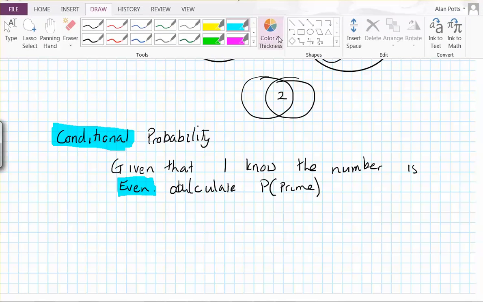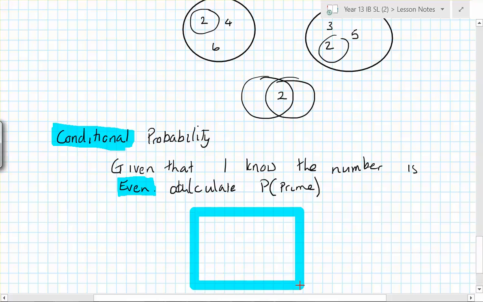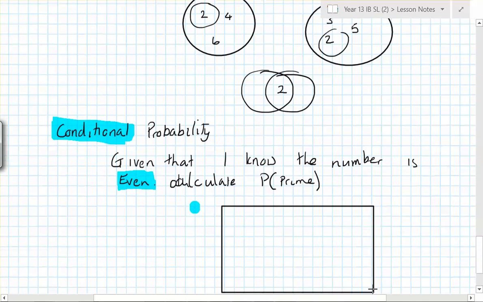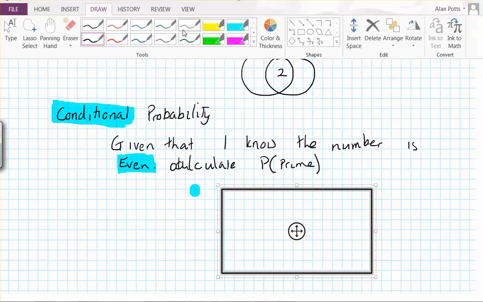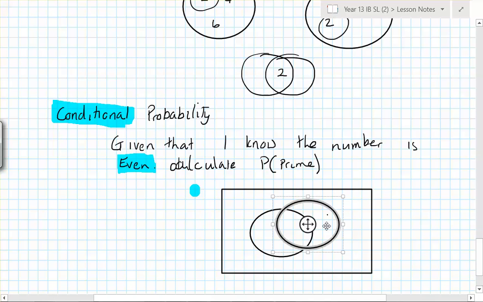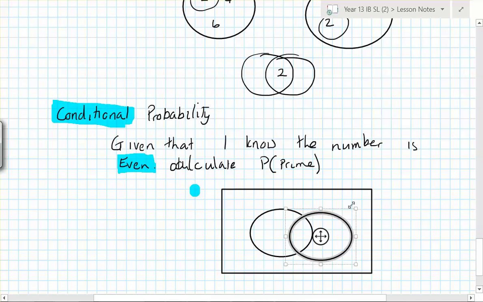So I've still got my same diagram, my Venn diagram, still the dice. We've got even and we've got prime, and we know the diagram is 1, 2, 4, 6, 3, 5.